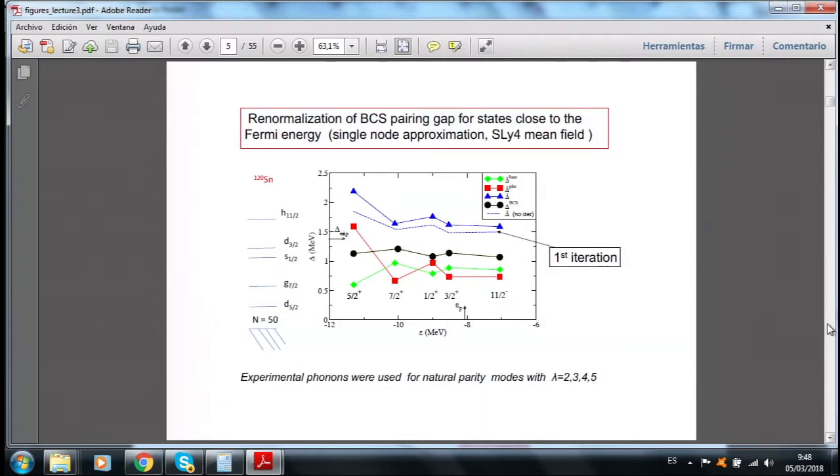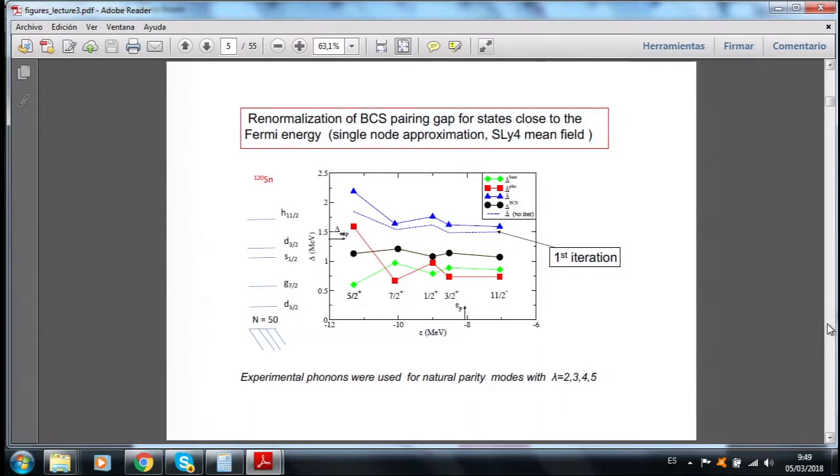But when you perform the whole calculation, now the contribution of the bare interaction, the Argonne interaction, is smaller. It's smaller because it must be corrected by the zeta function. This function has to do with the fragmentation of the levels. And of course, you get some contribution from the induced interaction, the phonon exchange interaction. And the sum of the two gives you the final result.